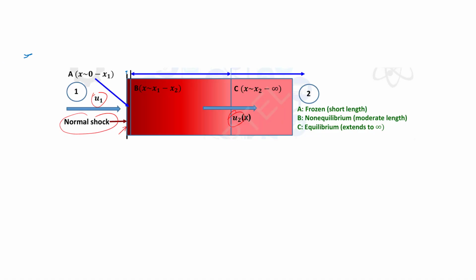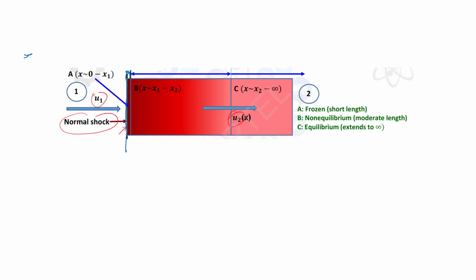So this is the normal shock, and if some flow is passing through it with u1 velocity, then just after the shock, for a very small length, it will remain in the frozen condition.